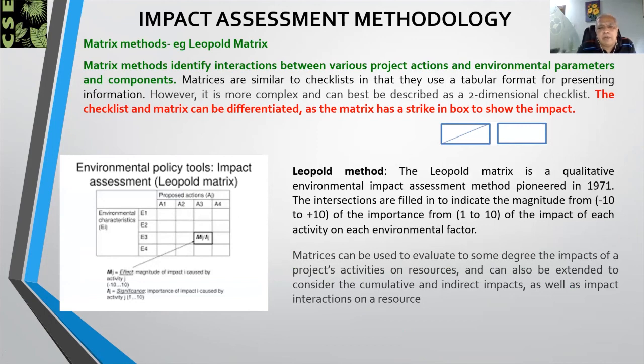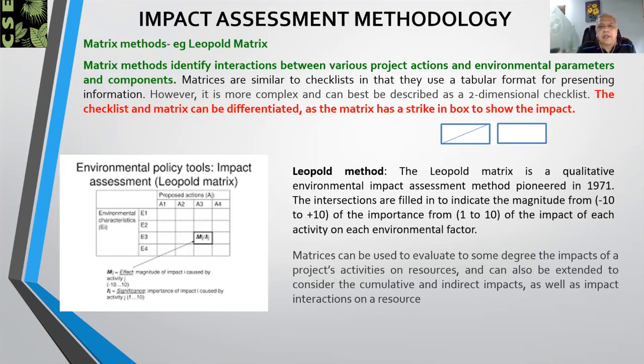But as I mentioned, since this checklist system does not really give an idea of the magnitude of impact, other methods were developed. One was the matrix method, the most common one used being the Leopold matrix. In this case, the severity of the impact is given.